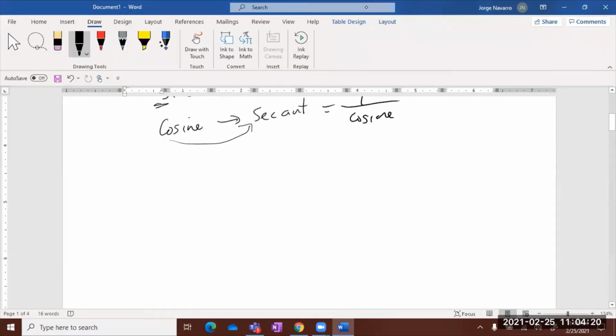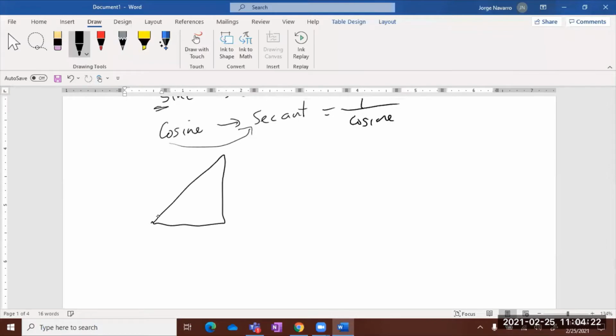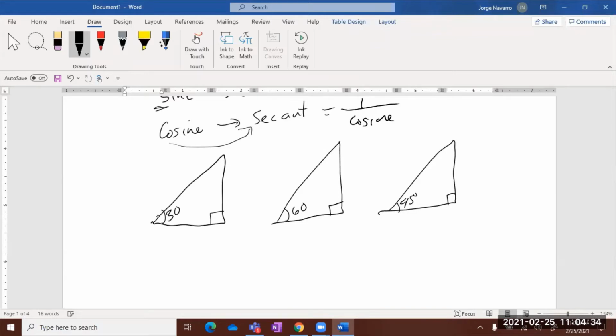These came from the triangles of 30, 60, and 45. But I am not going to review all of that just so that we can take out these ratios. In the triangle of 30, the opposite was 1, the hypotenuse was 2, and the adjacent was root of 3.